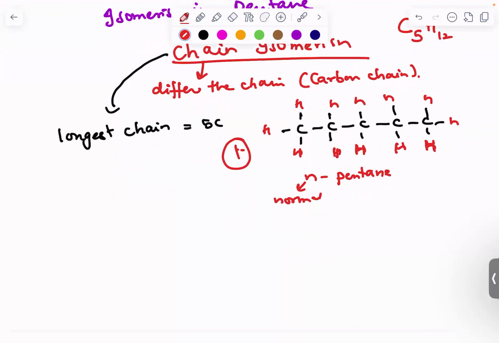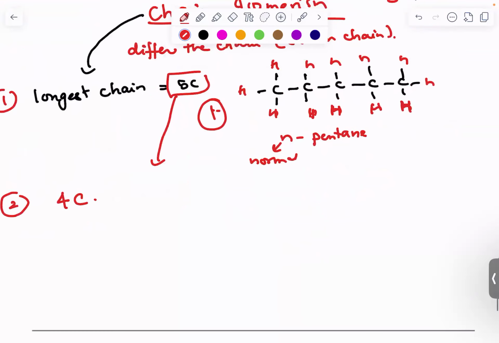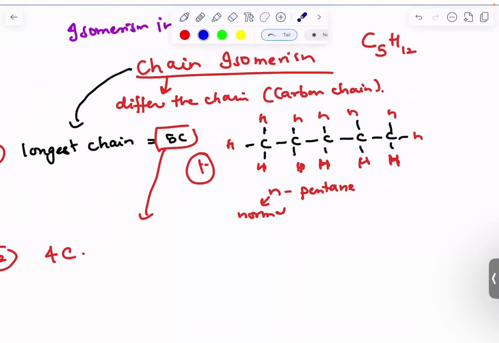Now you are absolutely right. For the longest chain of 5 carbon atoms, now you need to decrease the length of the chain, so that would be 4 carbon atoms. That means this methyl group would go as a branch, not on the last or terminal carbon atom, because if I put it there, then I have to take the longest chain.